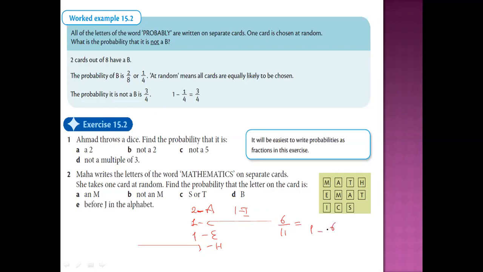And 1 minus 6 over 11 is 11 times 1 is 11, 11 minus 6 is 5 over 11. The probability of not before J in the alphabet is 5 over 11.